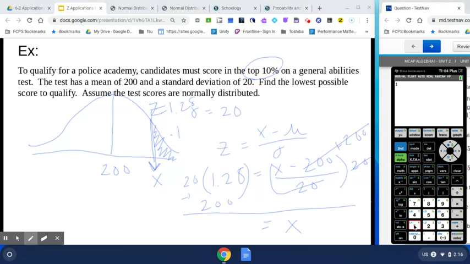So 1.28 times the standard deviation of 20, and then adding the 200, gives an x value of 225.6. So in order to qualify for the police academy, I would need to score 225.6 points or more.